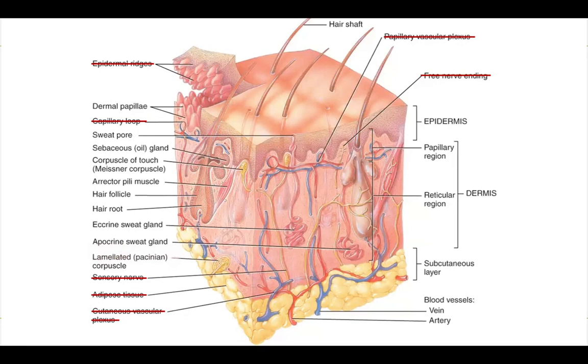All right, so let's go on over to the left-hand side of this image so that we can identify some of these actual structures.